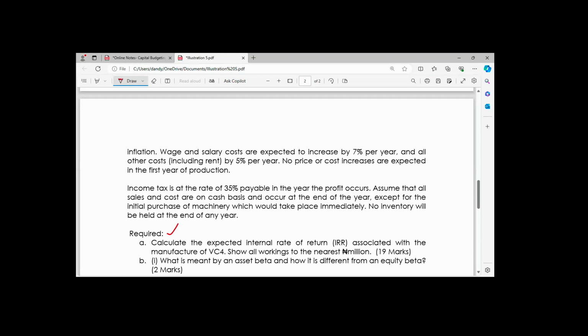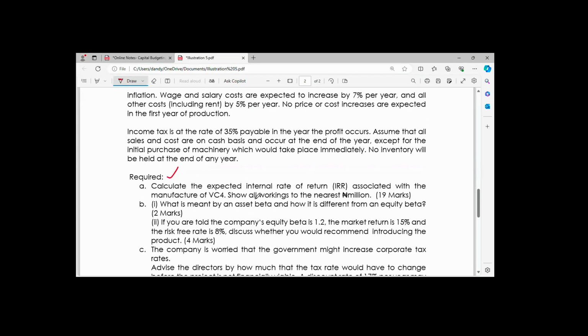Number B, what is meant by an asset beta and how it is different from an equity beta? Number B2, if you are told the company's equity beta is 1.2, the market return is 15%, and the risk-free rate of return is 8%, discuss whether you would recommend introducing the product.